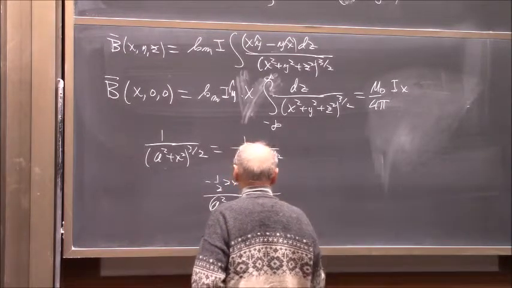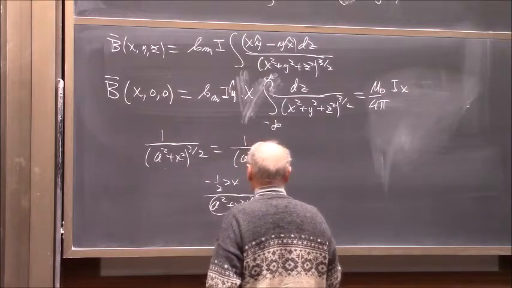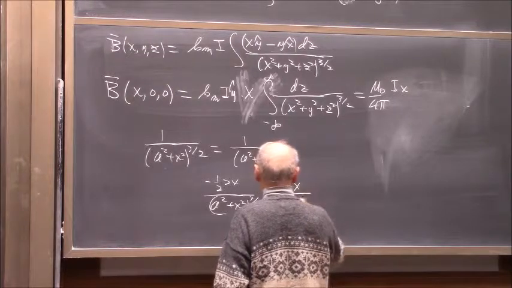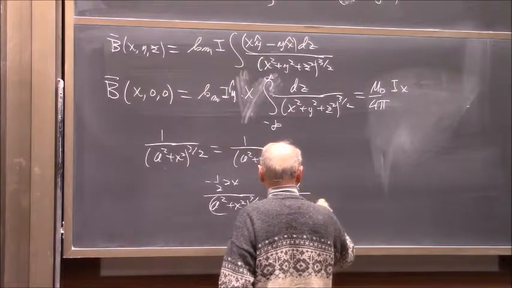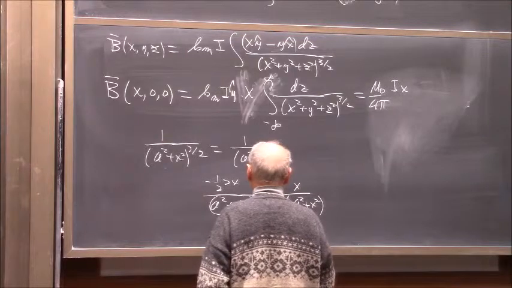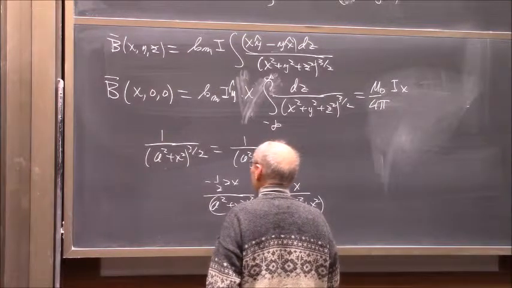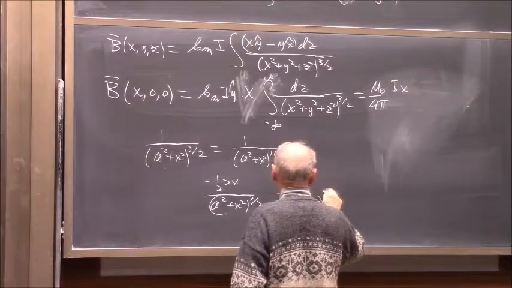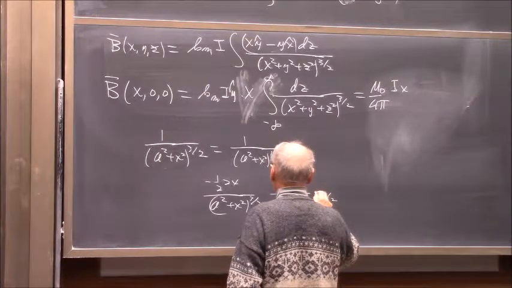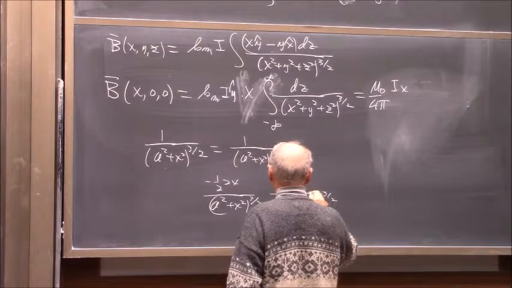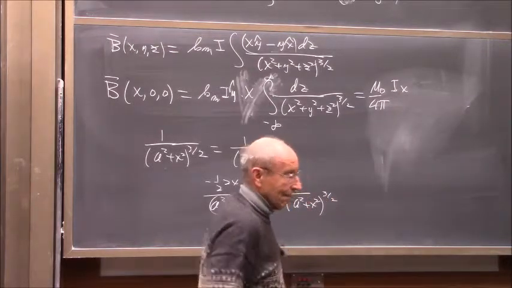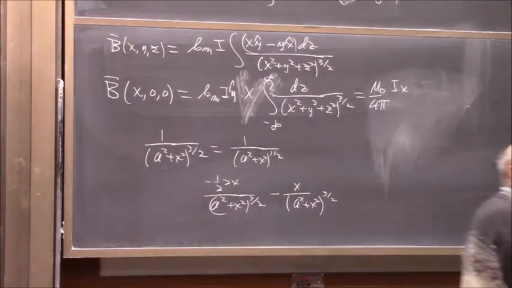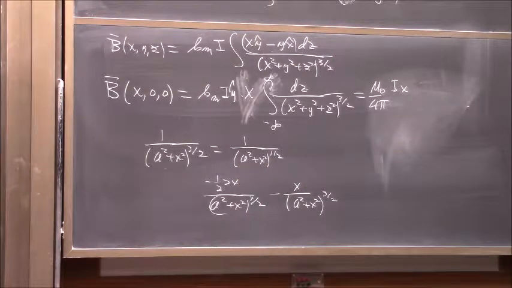So I need to add to that x over a squared plus x squared to the... this is why you have a calculator, so you don't have to struggle to figure this out.